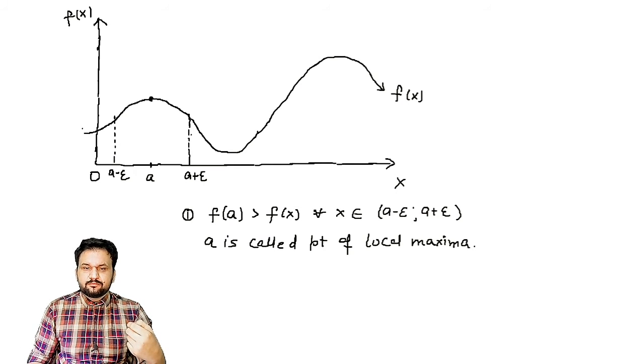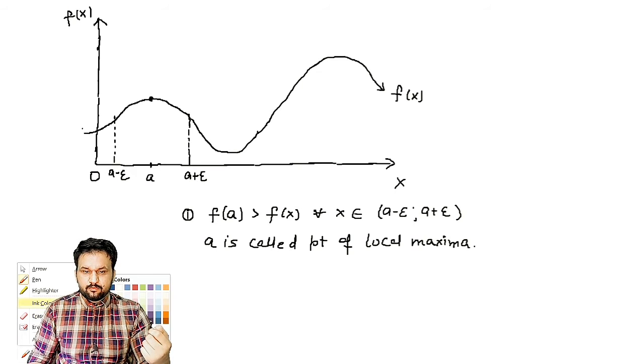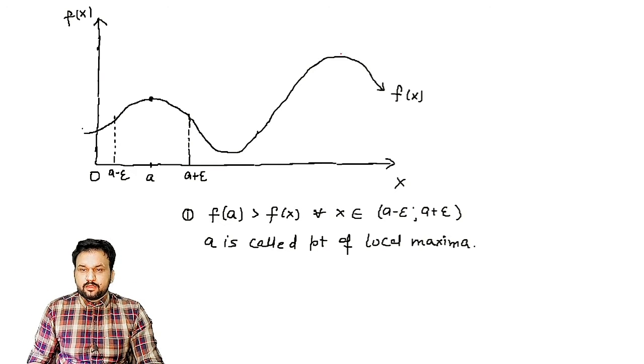But sometimes you get the word absolute also. In this function, this point is named B and this point was A. At point B, the function is giving you the highest value, so f of B is always greater than f of x for all x.